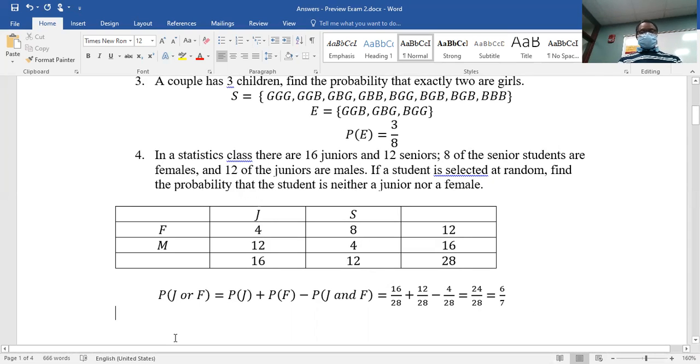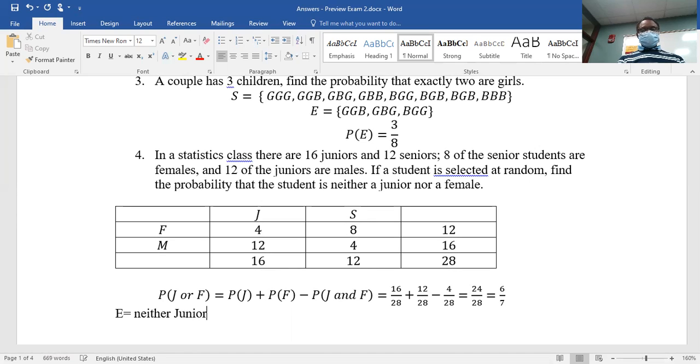So E equals neither junior nor female, which is the same as the complement of junior or female, which we computed up there.